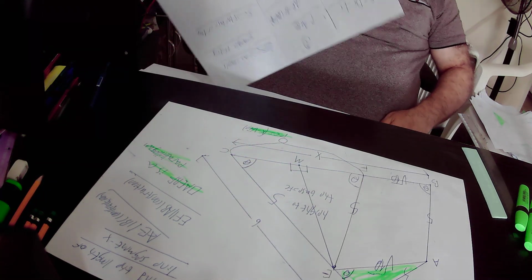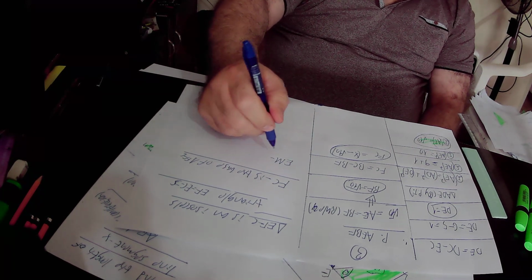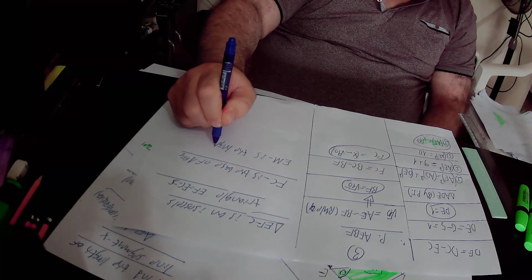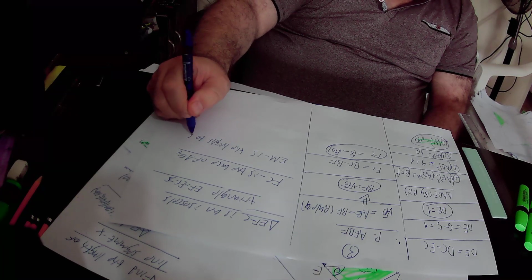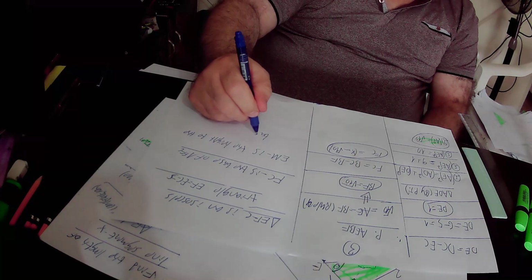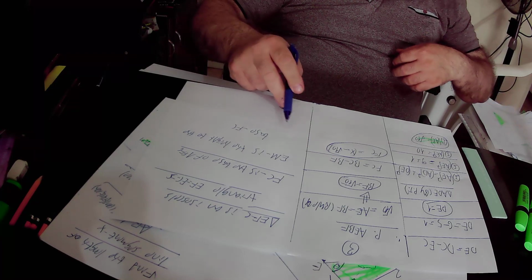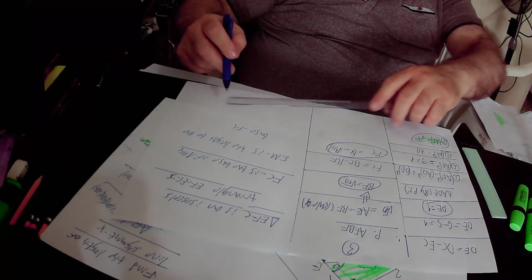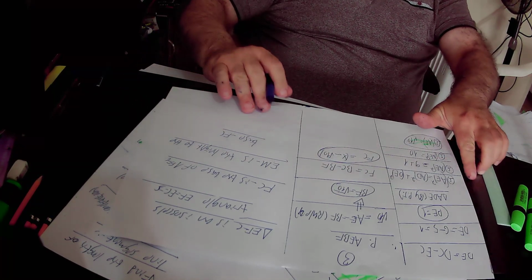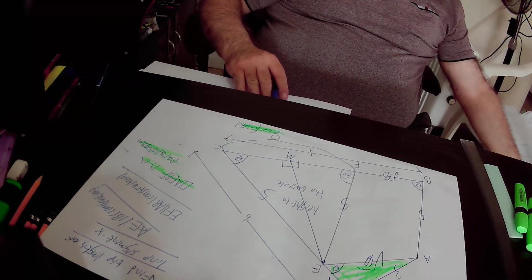So I can write here that line segment EM is the height to the base FC of the isosceles triangle, triangle EFC. In the next step, I will present to you a new rule, rule number 5.